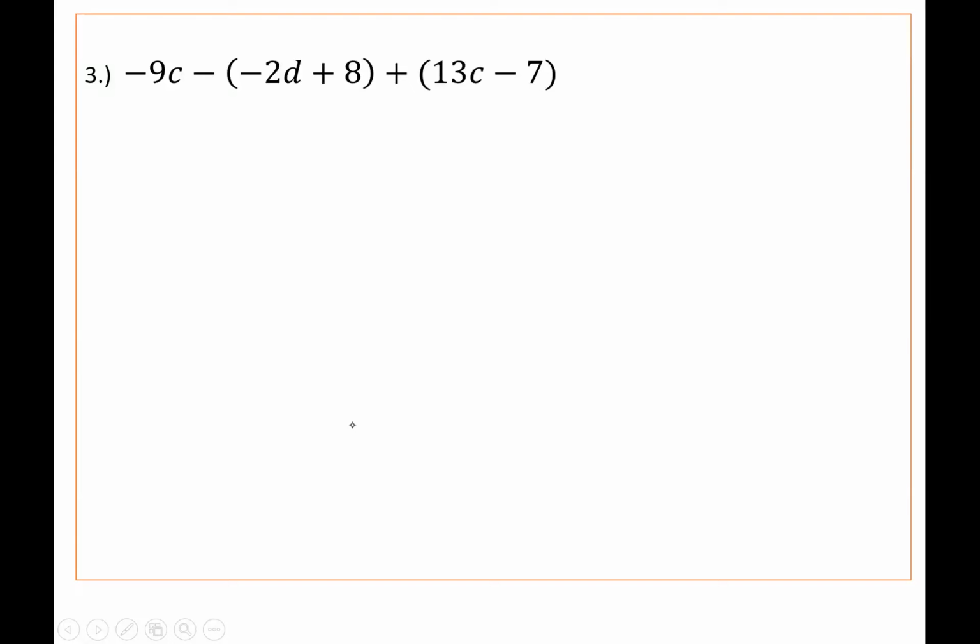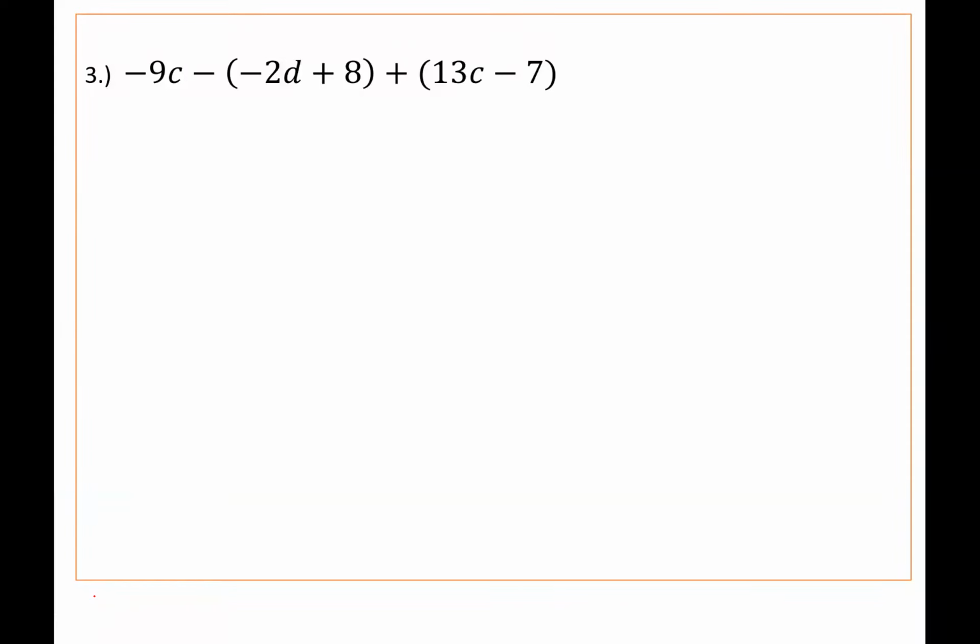All right, number 3. Let's see, this one looks maybe not as long. -9c minus parentheses, -2d plus 8, close the parentheses, plus parentheses, 13c minus 7, close parentheses. So there's 2 different sets of parentheses here, but they're not contained inside each other. So there's 2 different places where we might distribute.